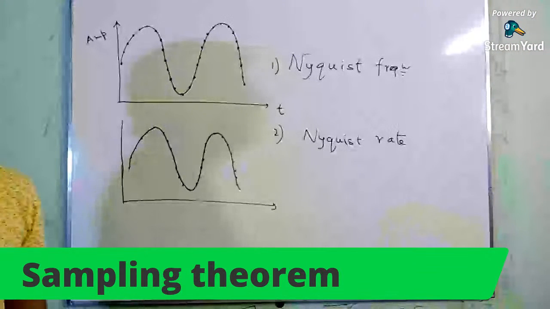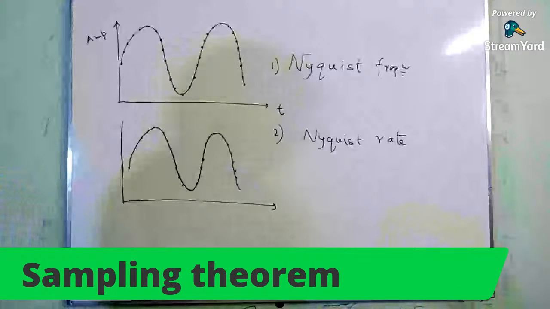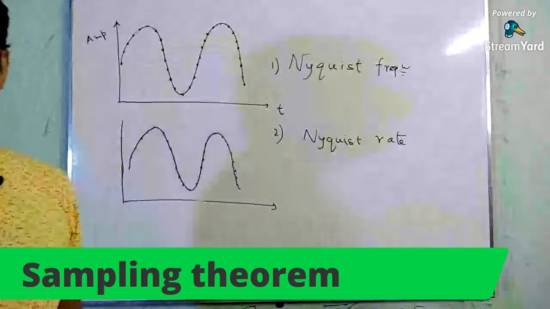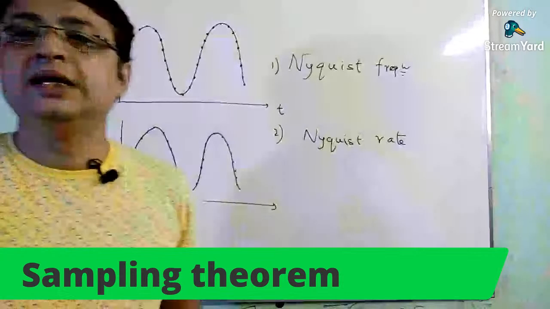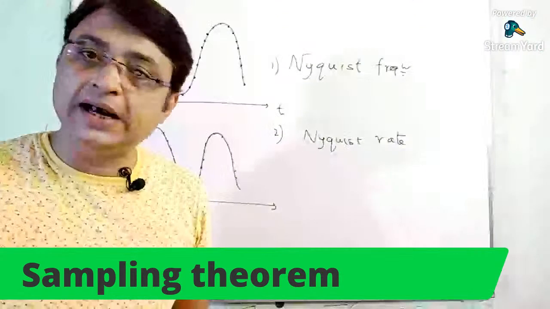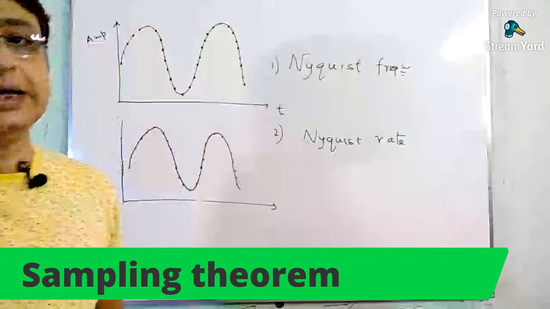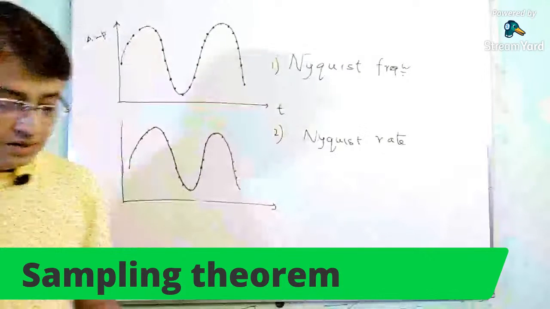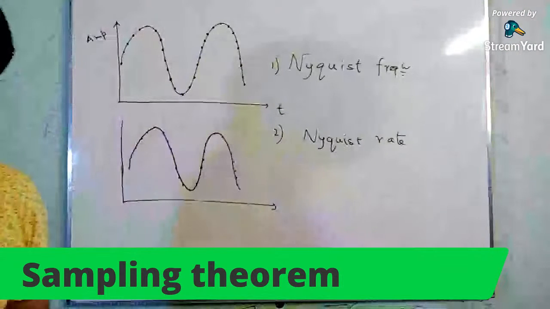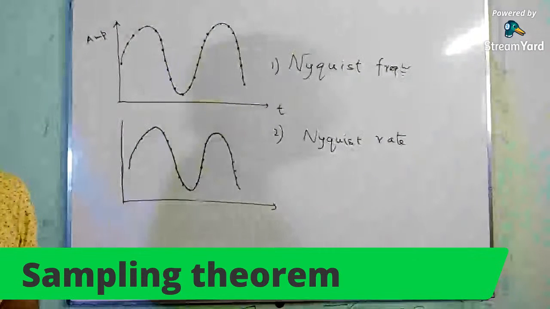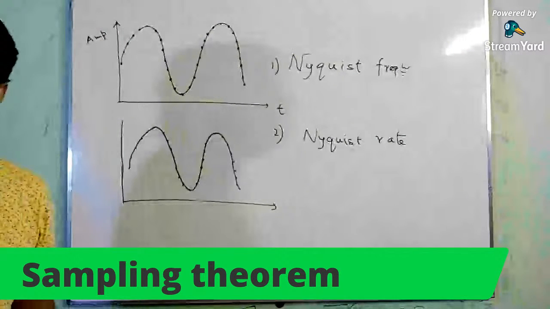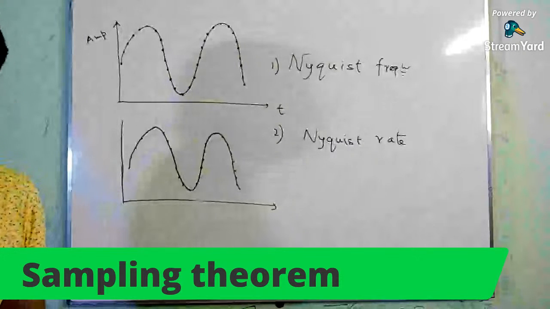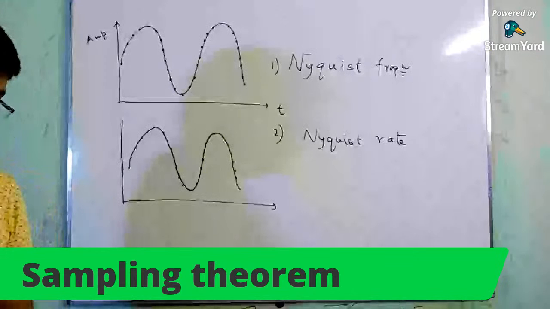Now the Nyquist frequency is twice the highest frequency present in the original signal. And the Nyquist rate is the minimum sampling rate, which is equal to 1/2 of the sampling rate.